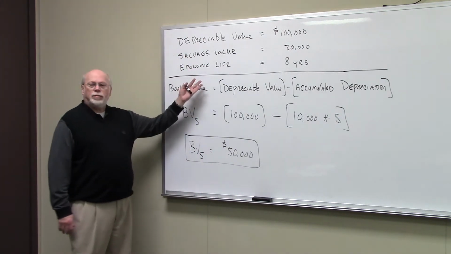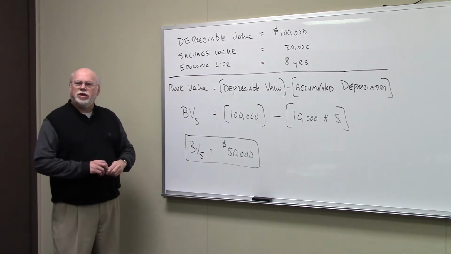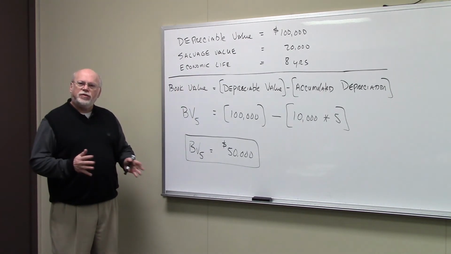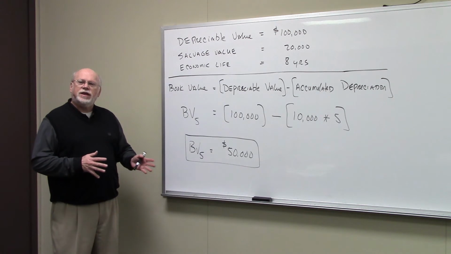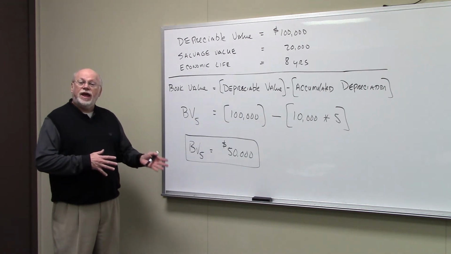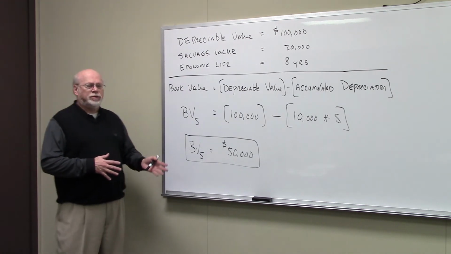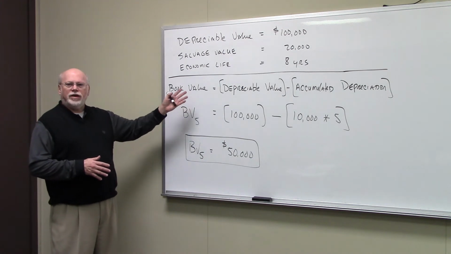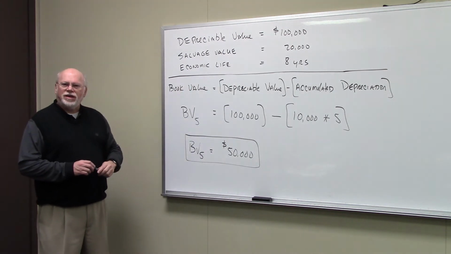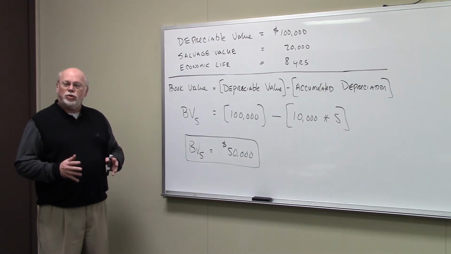Now, same problem, same description of the asset. It's got a depreciable value of $100,000. Salvage value is $20,000. Has an economic life of 8 years. Now, to calculate book value, you take the depreciable value of the asset and you subtract from it what's called accumulated depreciation.